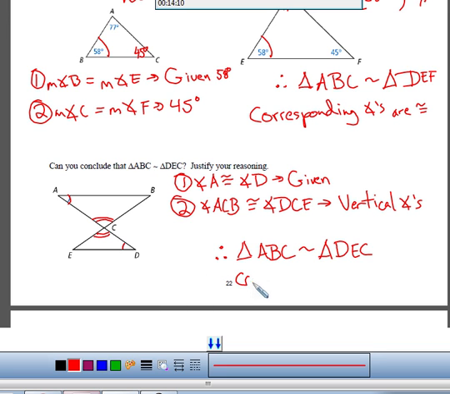Reason, corresponding angles are congruent.